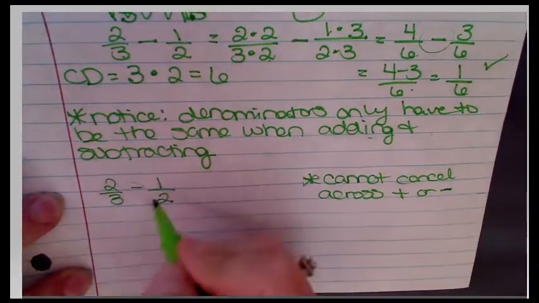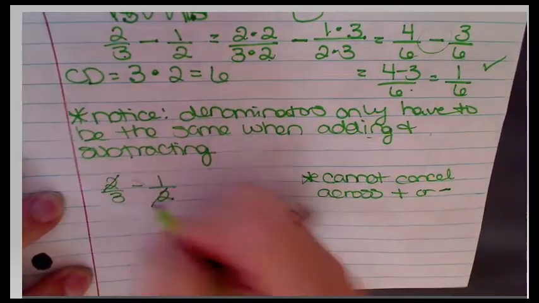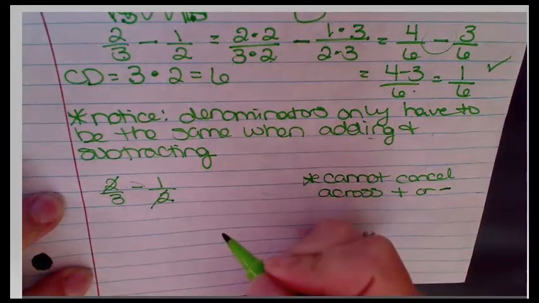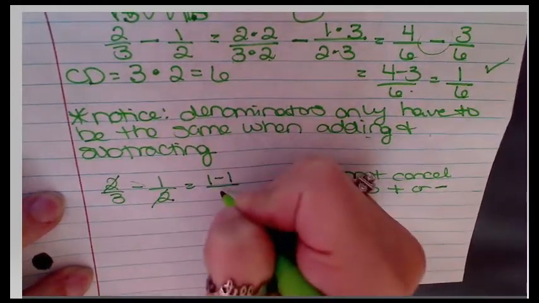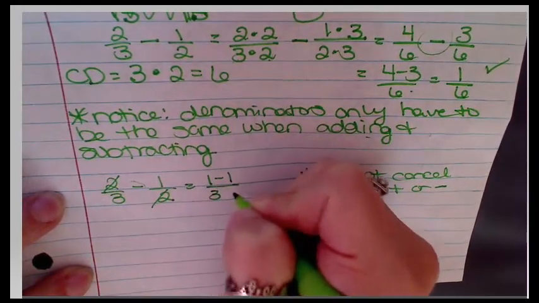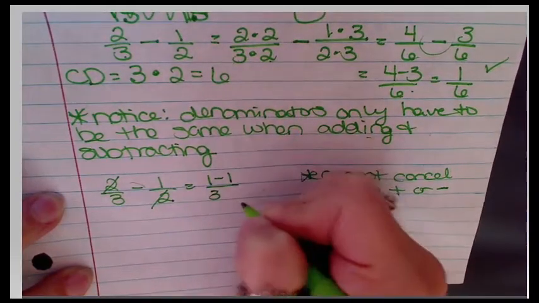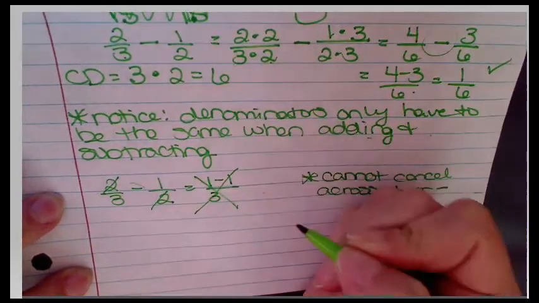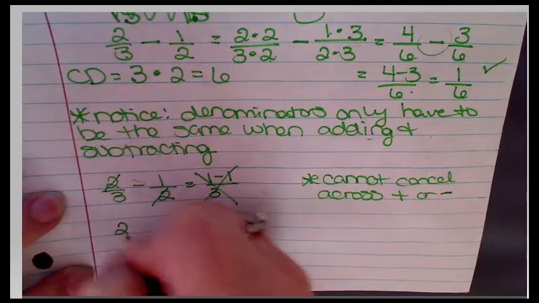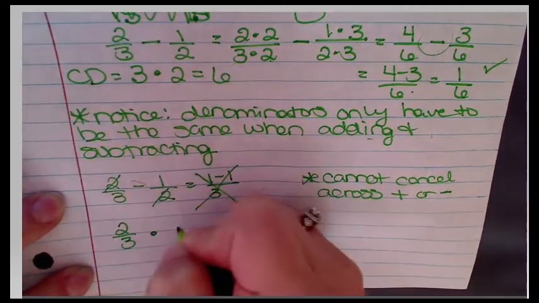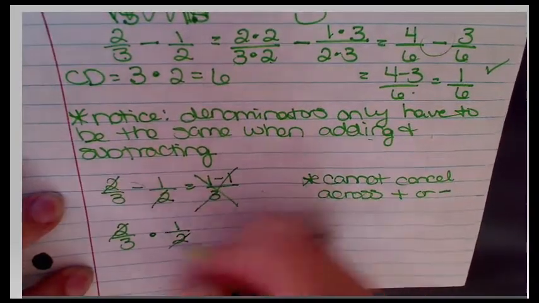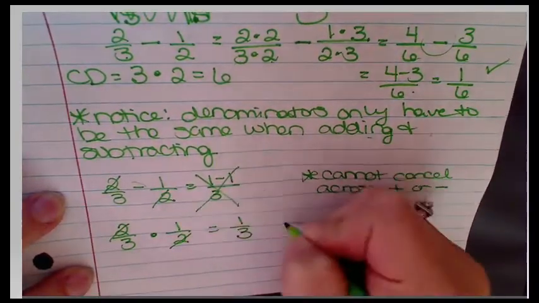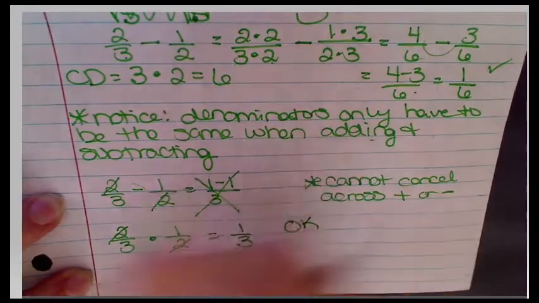Like here, if we cancel the 2 and the 2 thinking, oh, they're just going to go away, that's going to leave us with 1 minus 1 over 3 minus, like, it just doesn't work. That is very, very bad. So you can only cancel whenever you're doing multiplication. Okay, this is okay. You can do that, and that'll give you 1 over 3. That's okay. This up here is bad.